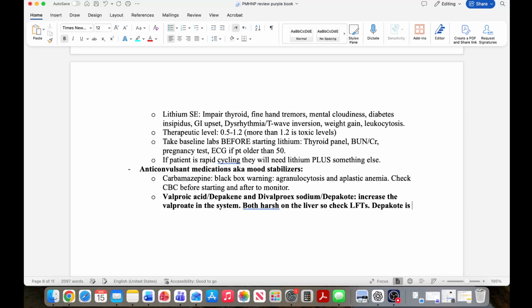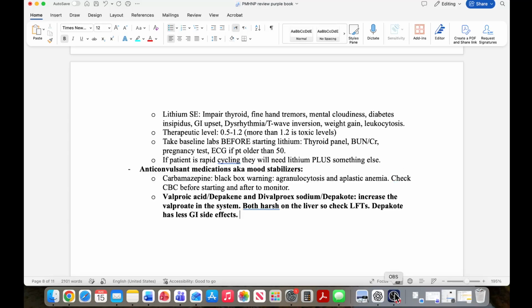Depakote has less GI side effects. Okay, that's probably the difference. Of course, they're going to cause nausea and vomiting and diarrhea. I don't even write this down because everything causes nausea and vomiting and diarrhea.